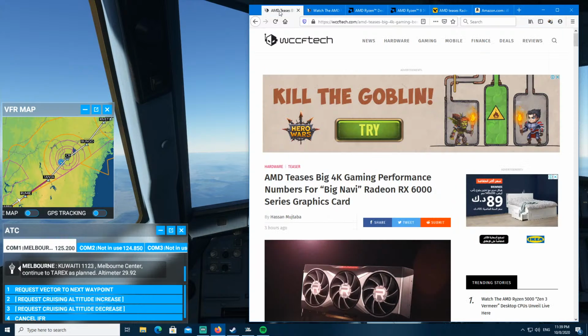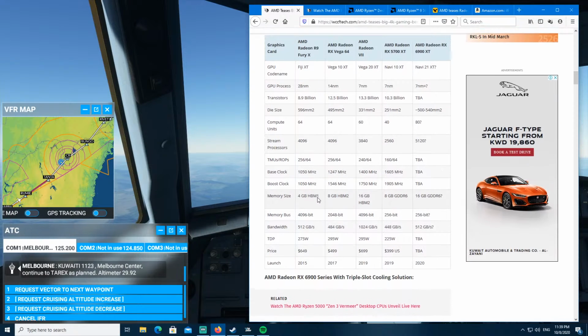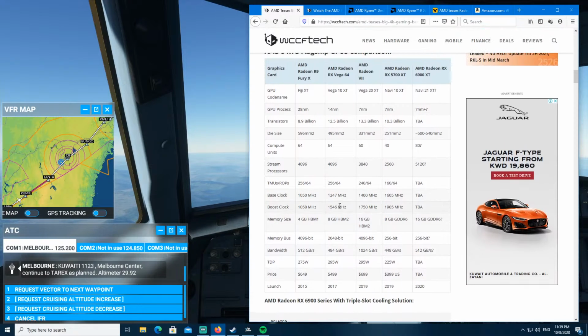So that's Big Navi. They teased about it. And if you look at the tables here, we don't know if these numbers are correct. So we need to wait until the official announcement. We put here a question mark about the stream processors compared to the 5700 XT.